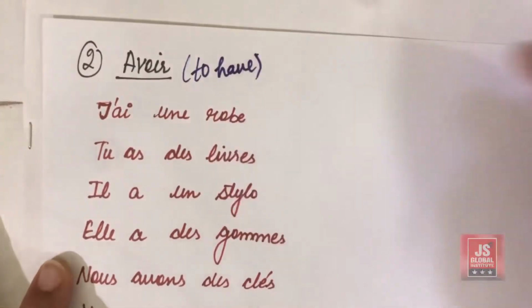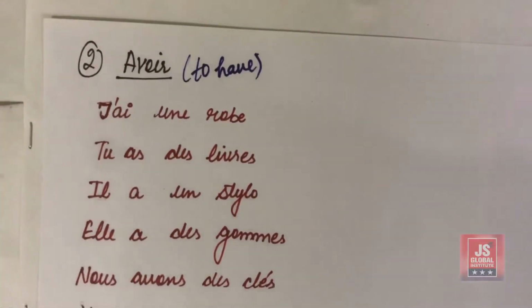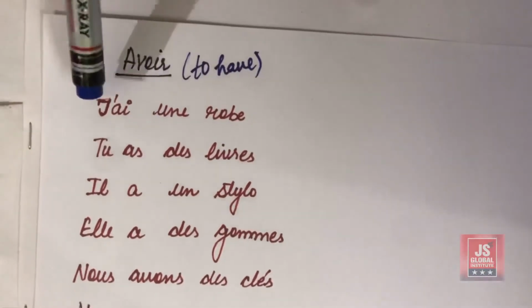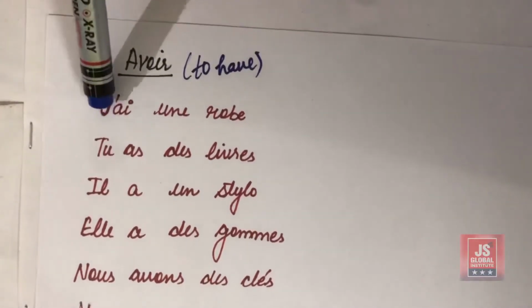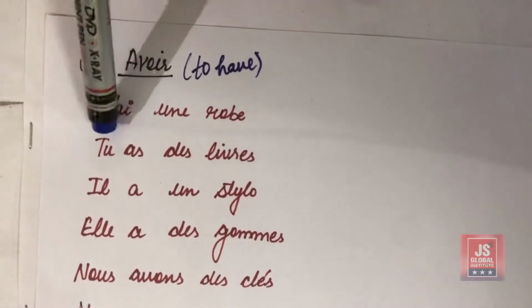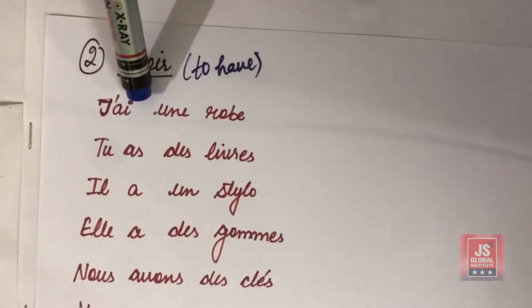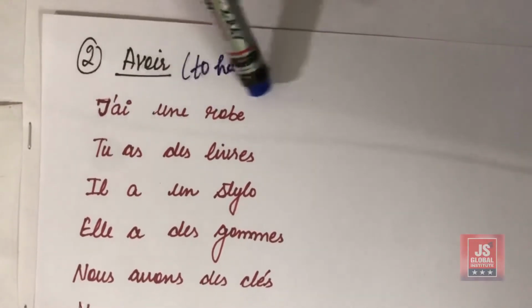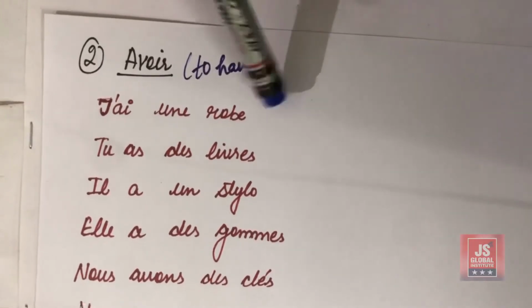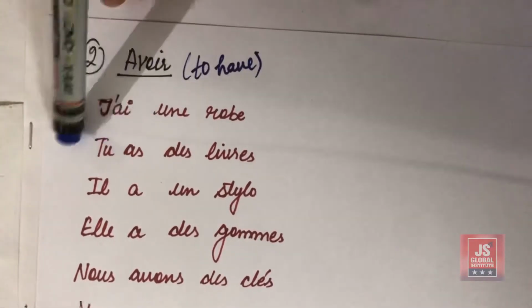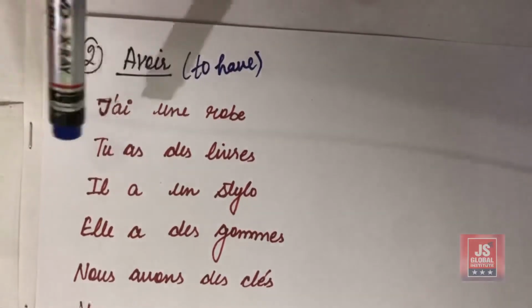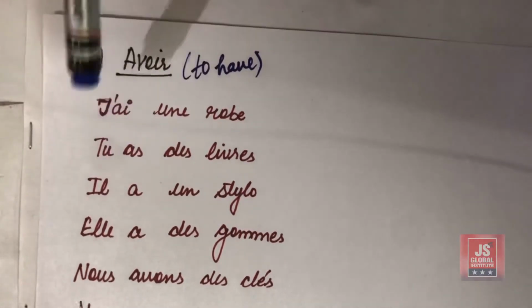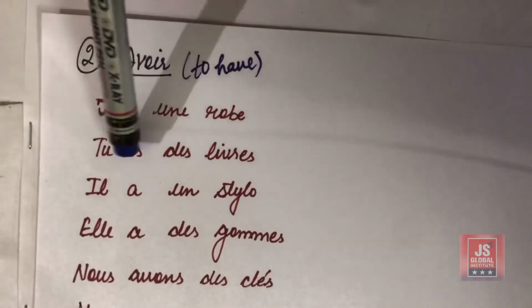Okay, so number one example is j'ai. So conjugation of the avoir verb with je, that is with I, is j'ai, that is j apostrophe ai. J'ai une robe, which means I have a dress. Okay, and next is tu. Tu means you in an informal way, and conjugation with respect to avoir is as.